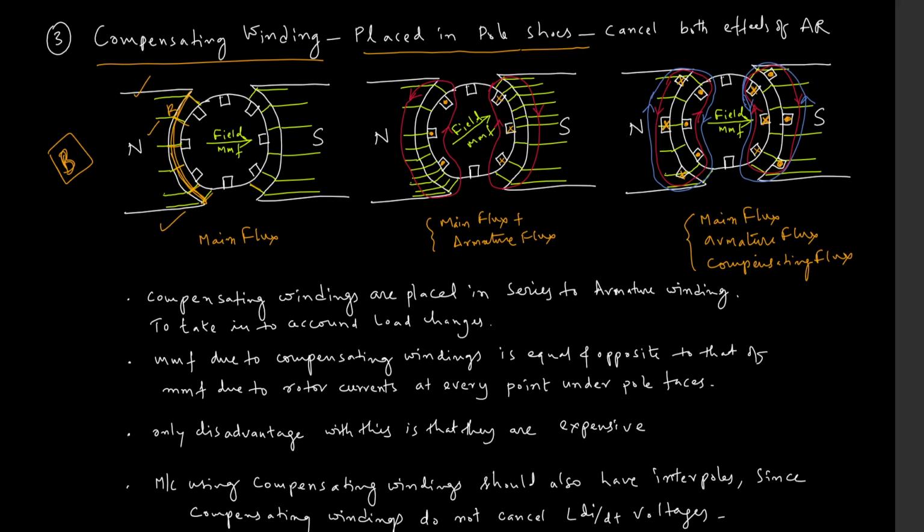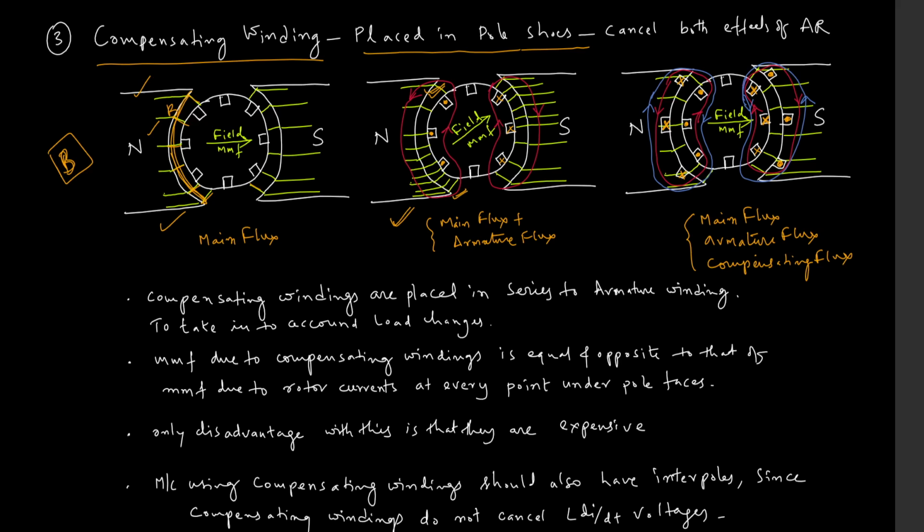But now when I come to the second picture, due to the currents flowing in the armature coils, the flux now distorts and it weakens at this end, the trailing end, and the flux becomes stronger at the leading edge.